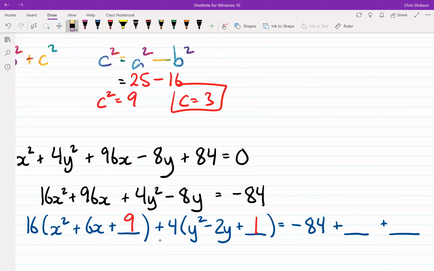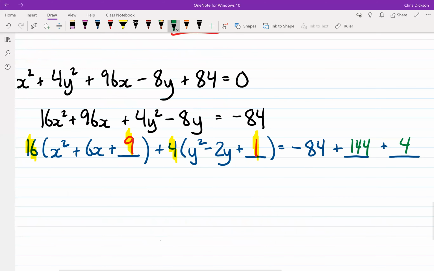So this 9 is being multiplied by the 16. So 16 times 9 is 144. So I have to add 144 on this side. And of course, this 1 is being multiplied by the 4. So I actually added 4 to that side, so I'm going to have to add 4 on this side.